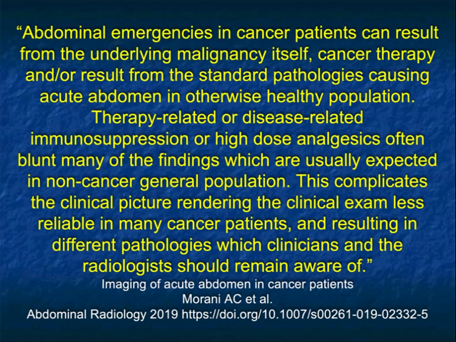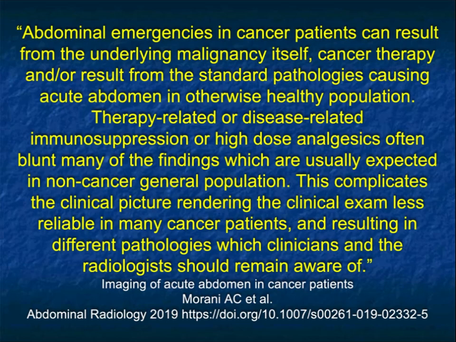Now, the whole importance of emergency abdomen, acute emergencies in cancer patients: we always think about the underlying malignancy itself, but again, you need to think about cancer therapy or the result from other processes related to that therapy.